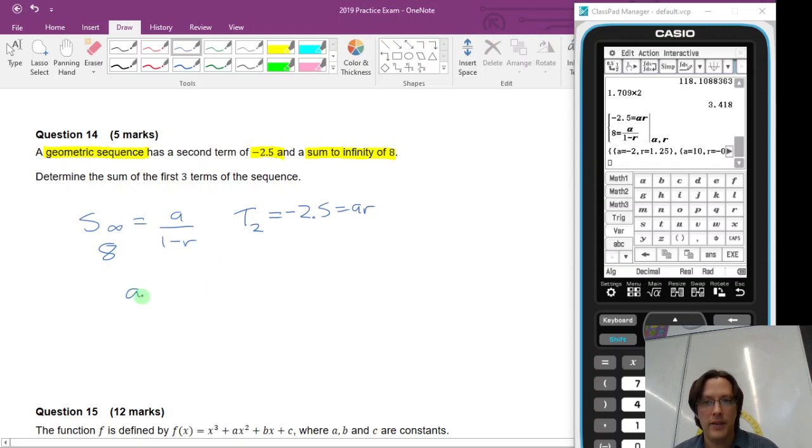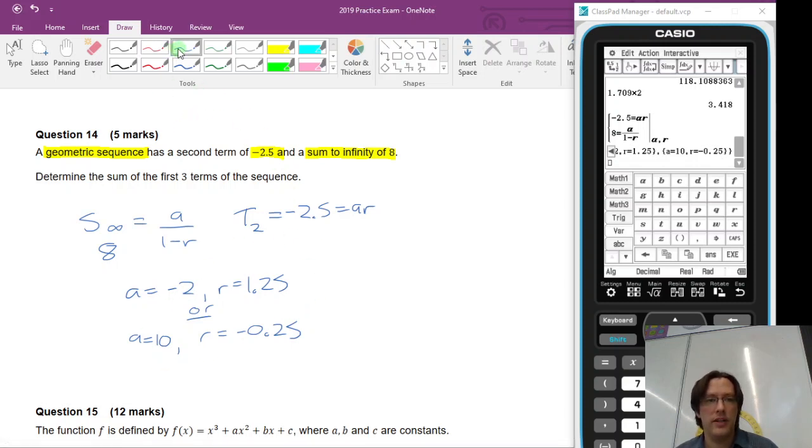We have A equals negative 2, R equals 1.25, or A equals 10, R equals negative 0.25. Now, the question we want to ask ourselves is which one of these is correct.